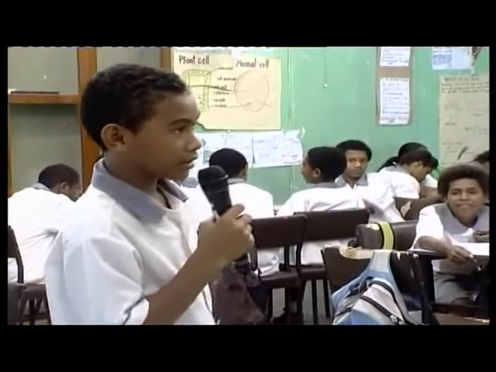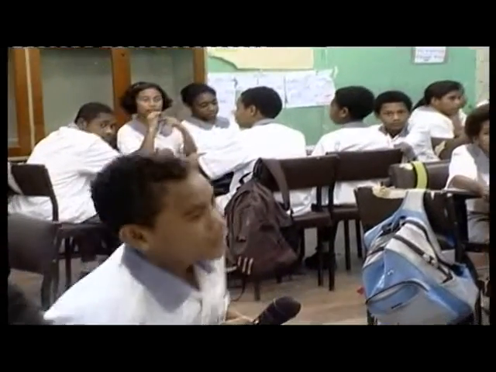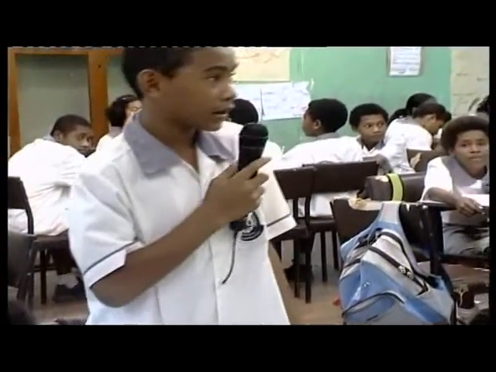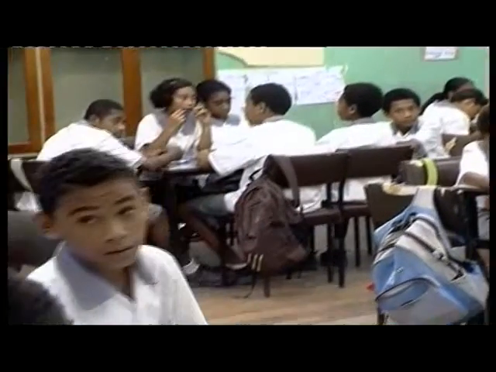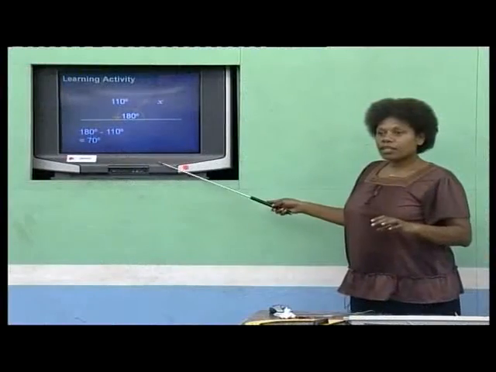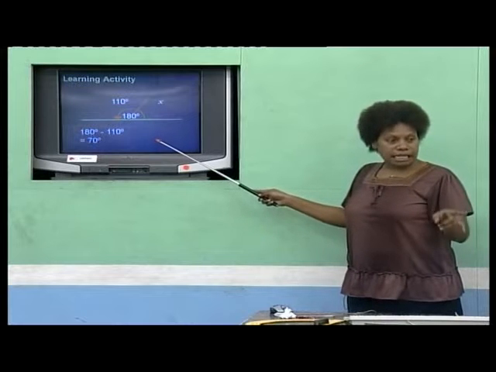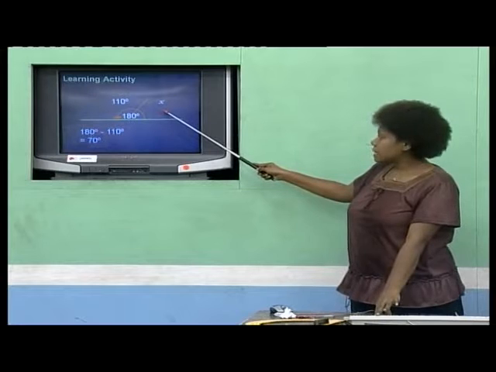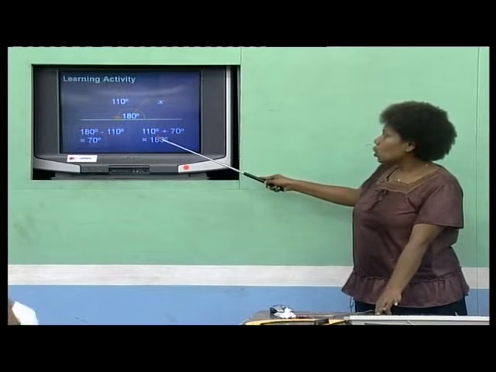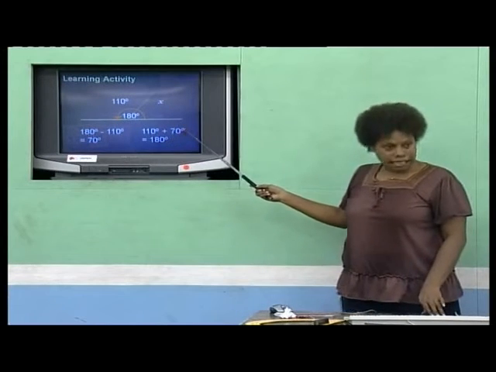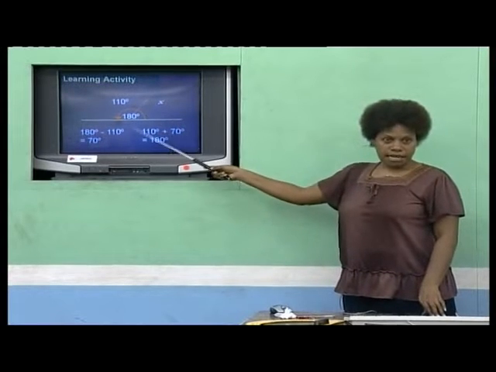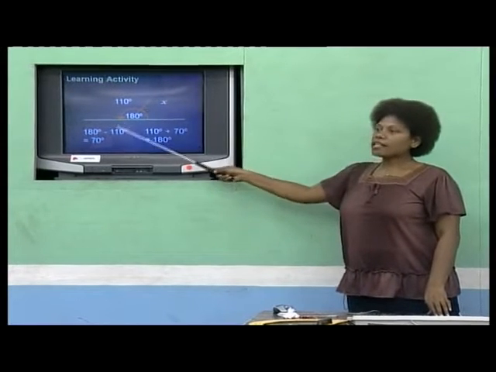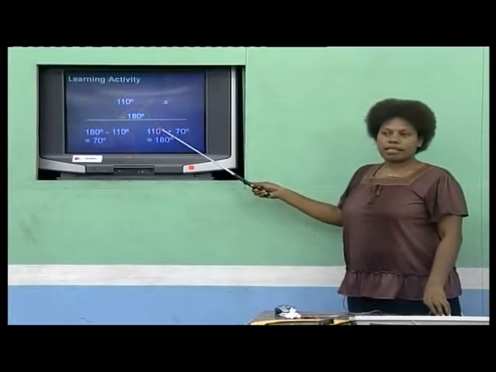Onea? 110 plus 70 equals 180 degrees. Okay. Did you get that? 110 degrees plus 70 degrees is equal to 180 degrees. See? The angle sum of a straight angle is 180 degrees.